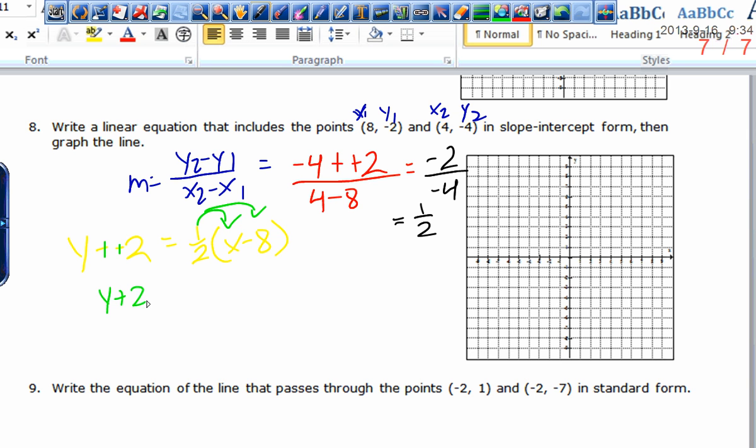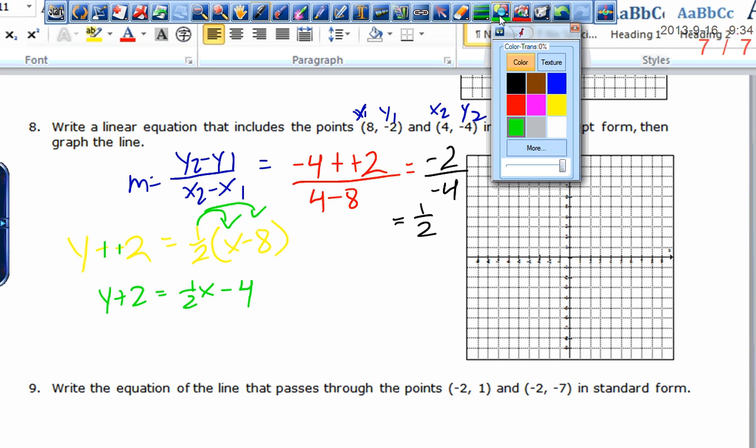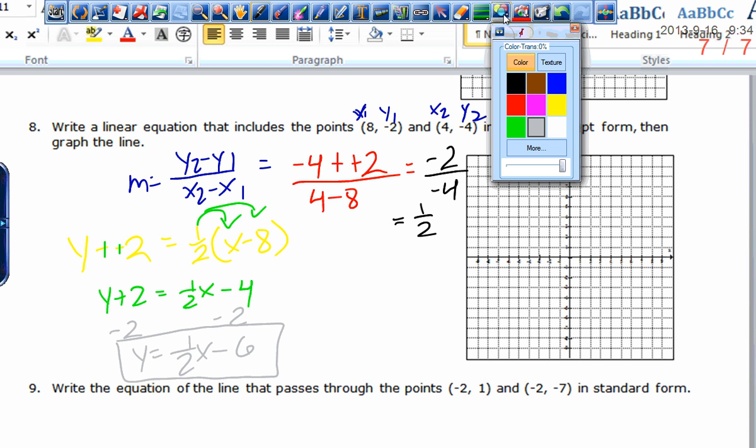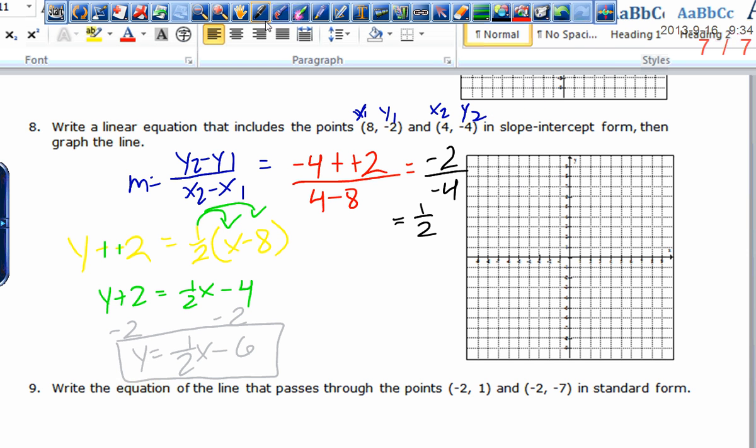So I got y plus 2 equals 1/2 x, half of -8, -4. Last thing, subtract 2 from both sides. Y equals 1/2 x minus 4.